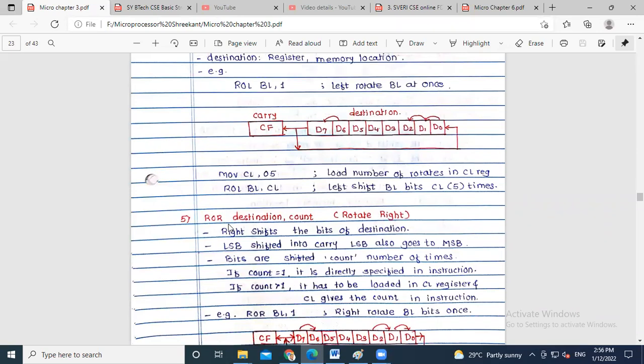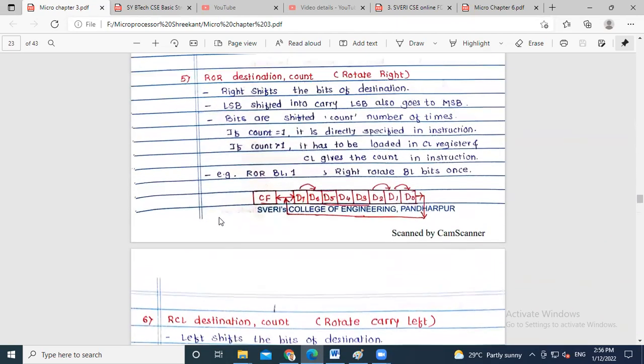D7 goes to D6, and D0 is shifted to the D7 position. The rotation should happen continuously, that is, rotate the destination.